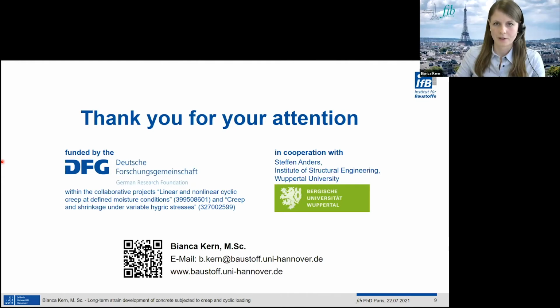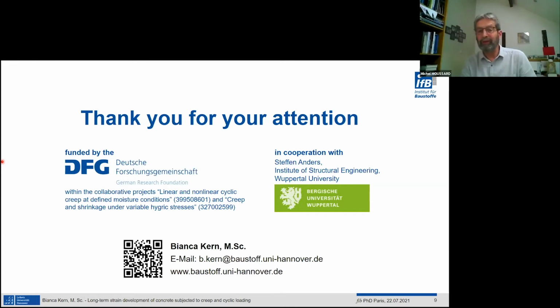Yeah, I think there are several reasons, but one of the reasons is that all structures, especially bridges, are just calculated for constant stresses, but there is also traffic, which is a cyclic load, and in the literature it is often mentioned that the superposition of a constant load and a cyclic load might lead to higher deformation than expected, and that was my motivation.